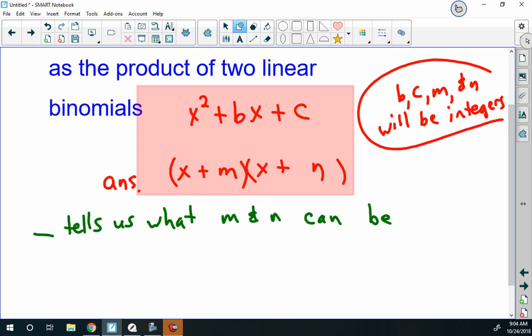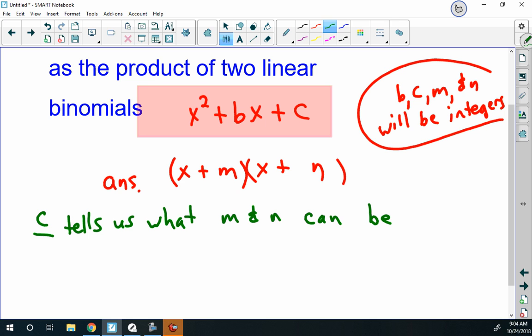Using this model, anybody know what tells us what M and N could be? Here's a hint. It's either going to be X, or it's going to be B, or it's going to be C. X or B or C? C. C tells us what M and N can be.